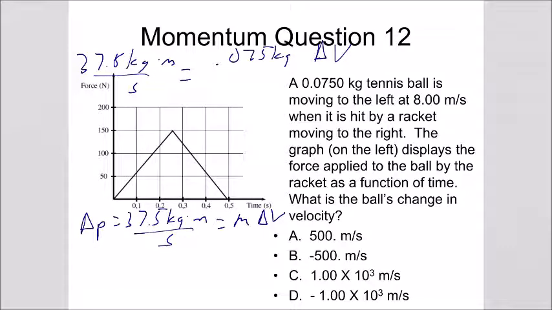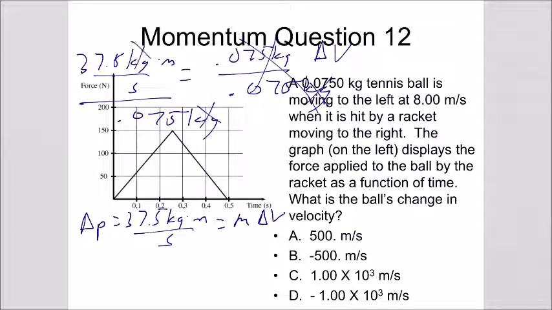We're going to divide both sides by 0.075. Once we divide by 0.075 kilograms, the kilograms cancel. 37.5 divided by 0.075 gives us 500 meters per second. And again, that's positive 500 meters per second. The velocity is changing very quickly in the positive direction.